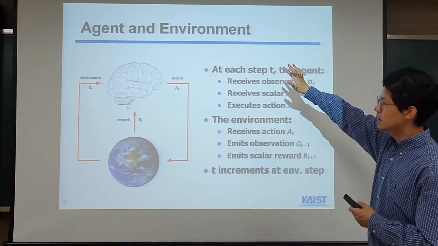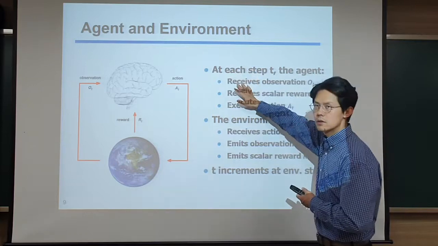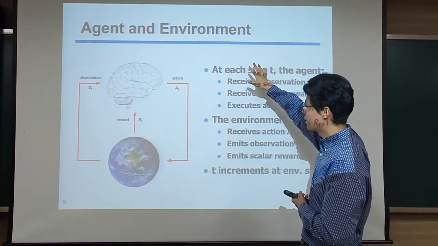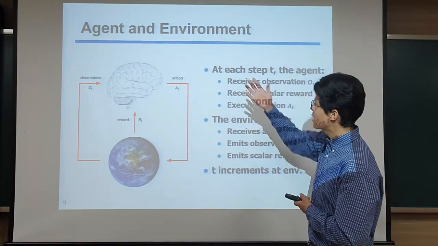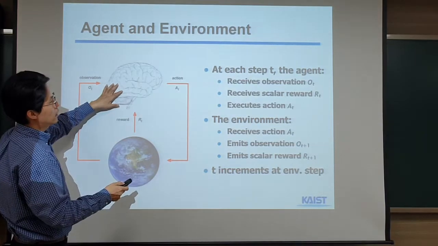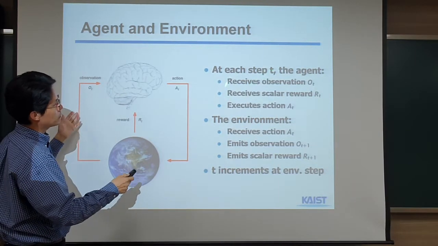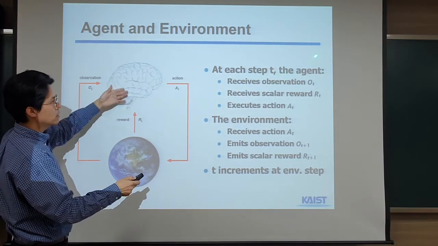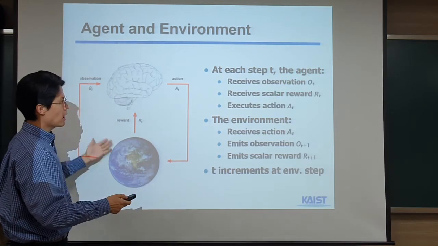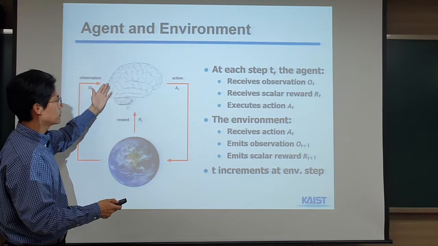So basically, these are the two common concepts here: agent and environment. I also used the term agent before. At time step t, the agent, basically the RL agent, receives observation O_t from the environment, right? And then we also receive the reward.